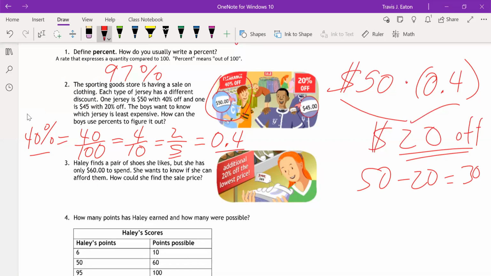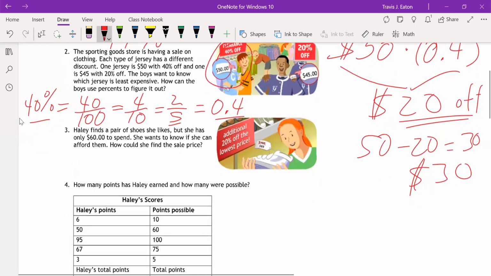Okay. So that tells us that the sale price of that light blue jersey is going to be $30, because we took $20 off, because we were taking 40% off.